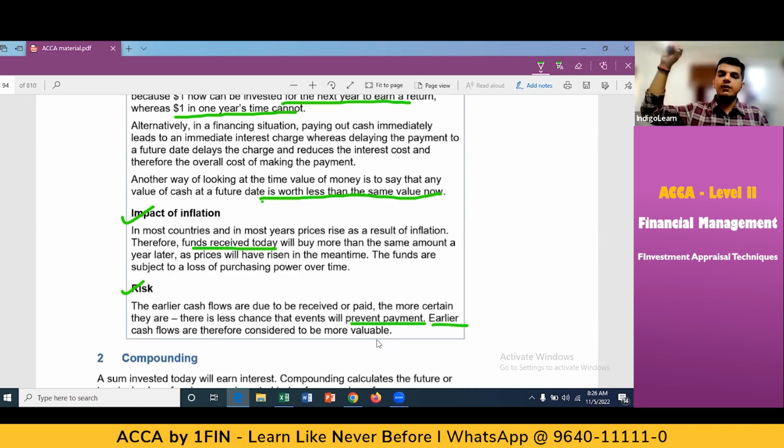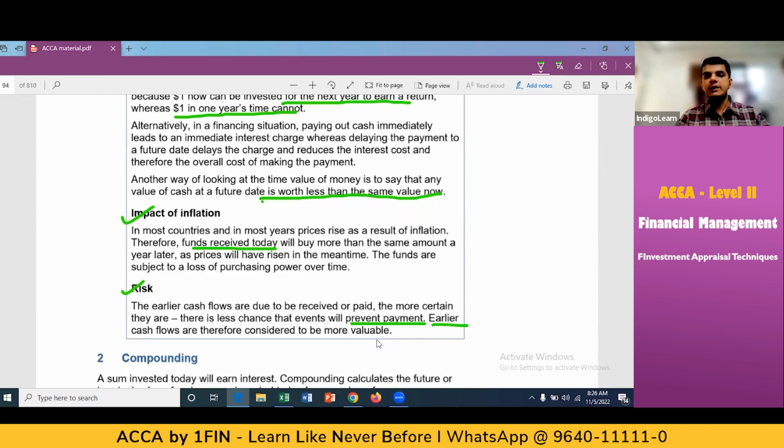Who is seeing what will happen after 10 years? So obviously there is a risk associated with duration, that is 10 years of time. So we have to have some adjustment factor for the risk that is there in the delay in the payment. That has to be adjusted, and then a comparable amount to 10,000 could be calculated.